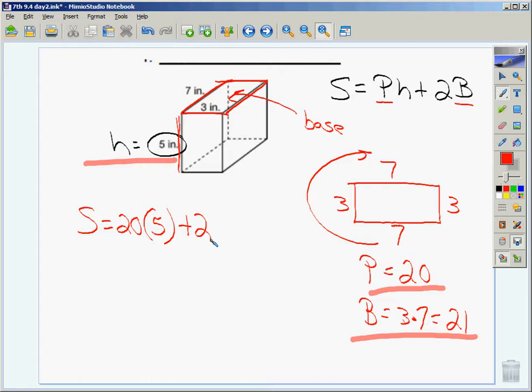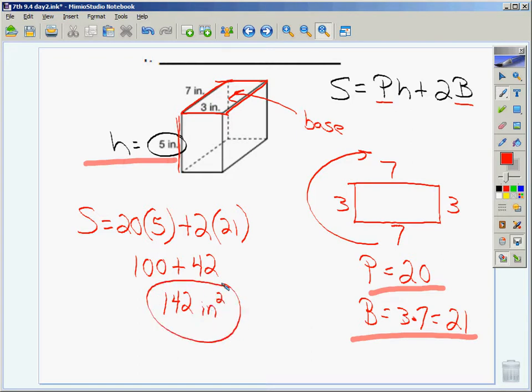Plus 2 times, what do I put in place of B? 21. 20 times 5, 100. 2 times 21, 42. 100 plus 42. We're talking about surface area. It was in inches. Since it's area, it's inches squared.